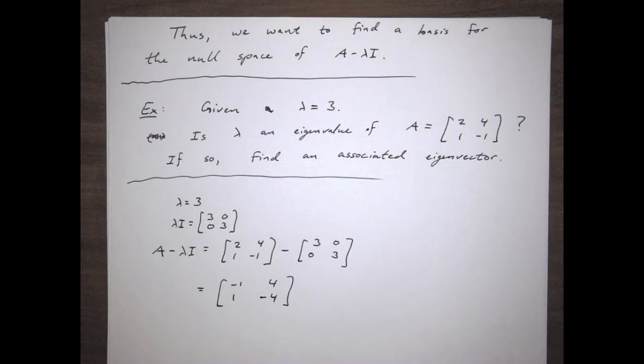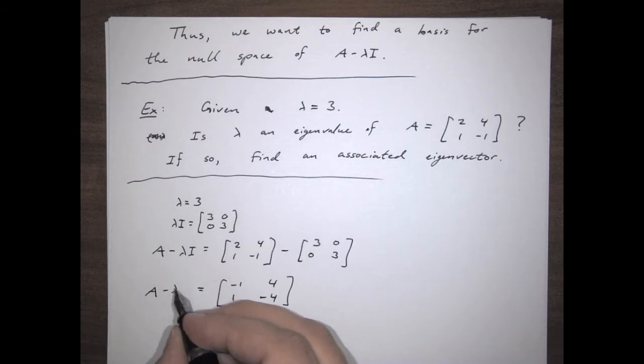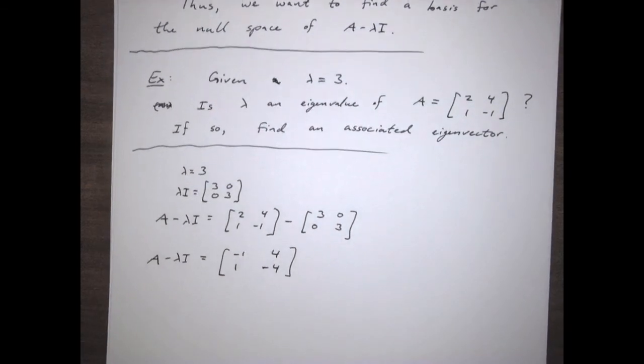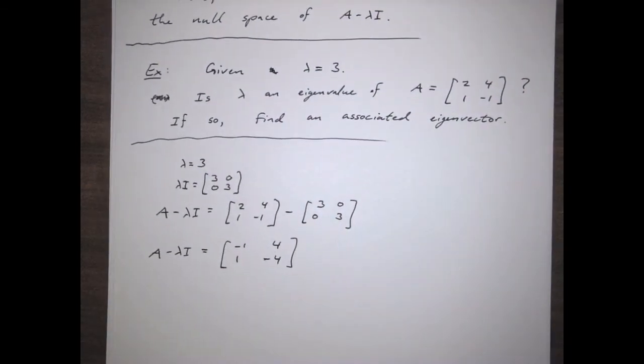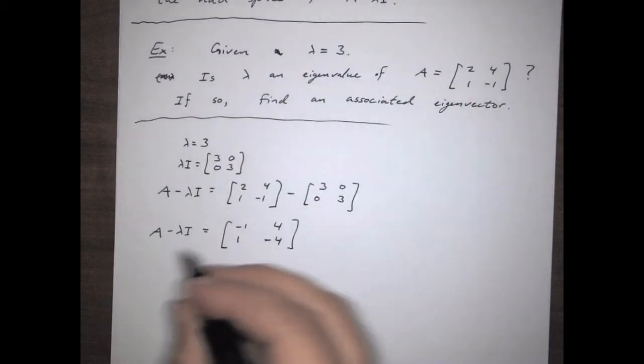Now, the question, is this an eigenvalue, is tantamount to saying, is there a non-trivial solution to A minus lambda I times x equals 0? And that we can answer in the affirmative, because this is not going to row reduce down to a situation where we have a pivot in every column, which means our null space has got some juice to it.